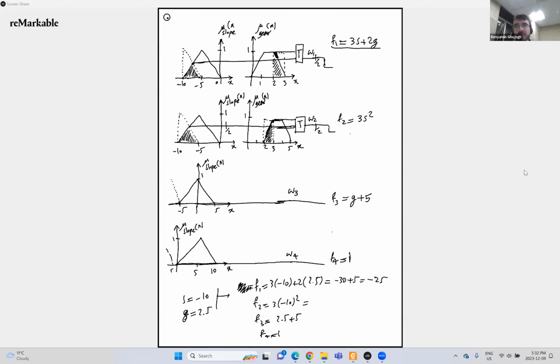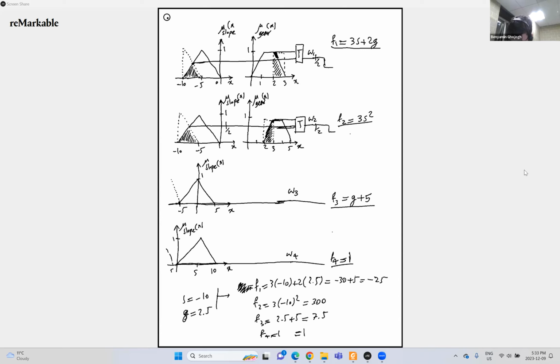Okay, I switched to my phone data. So these functions here, the range might go beyond the acceptable range, but I can tune these functions in a way that they become between 0 and 10. For now, assume that it's okay to have my minus 25. Then this becomes 300. This becomes 7.5. This is 1, right?